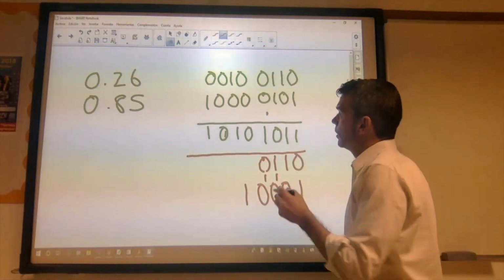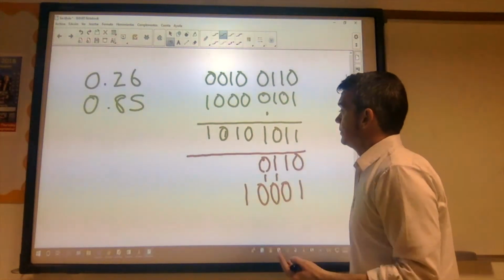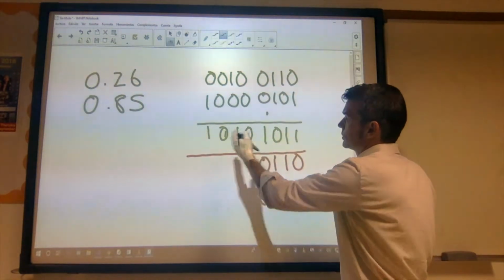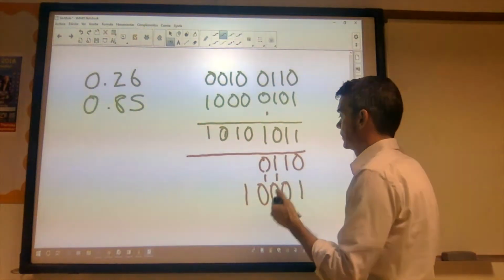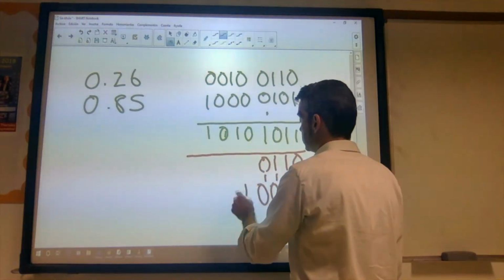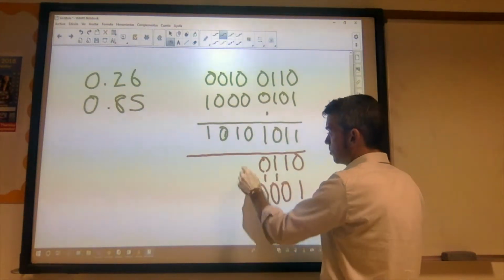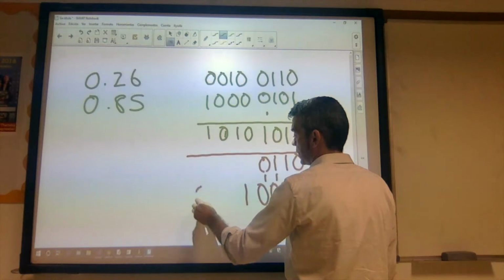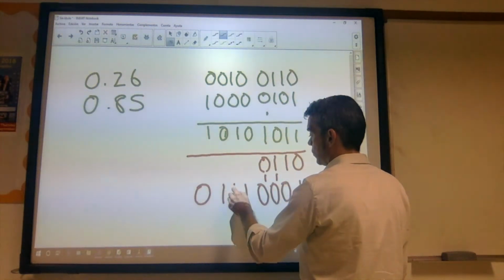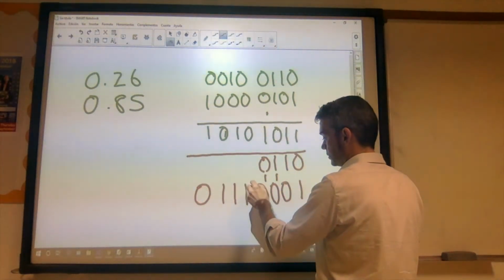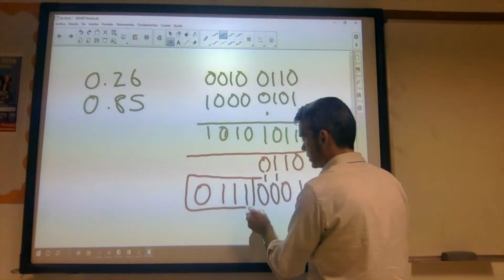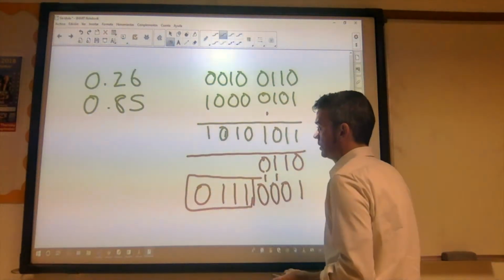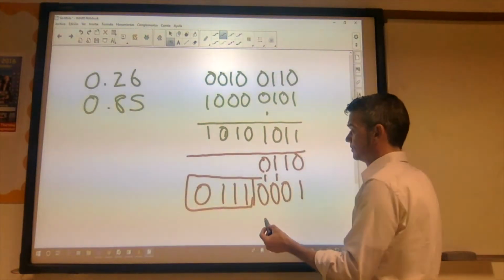We do the same process to the second nibble. We would add 6 plus this carry bit, so we would have 0, 1, 1, 1, which we add to the result from the previous addition.